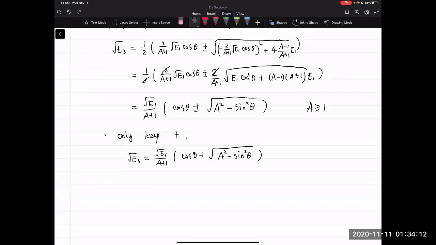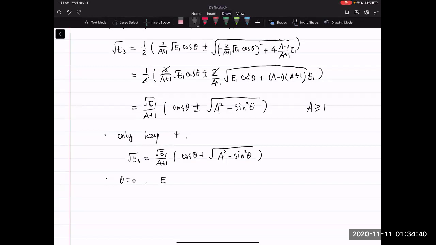If you take a look at the two extreme cases, if theta is equal to 0, meaning that you set up the detector in the direct beam direction, in the forward direction, then let's see what we have. Sine squared would be 0, the square root of A squared is A, cosine 0 is 1, so A plus 1 cancels out with the A plus 1.